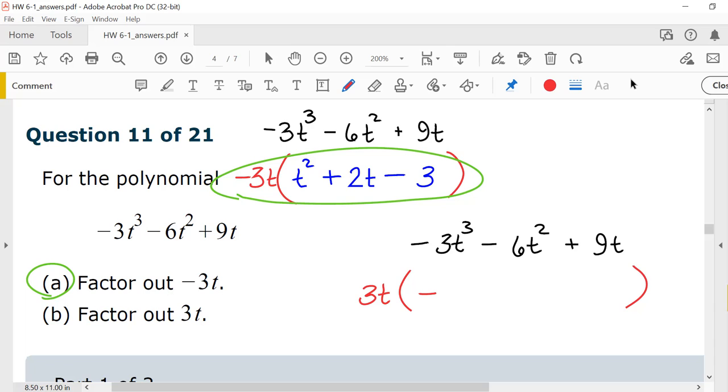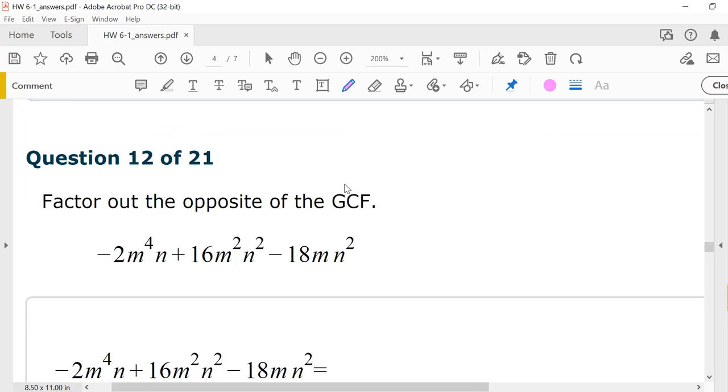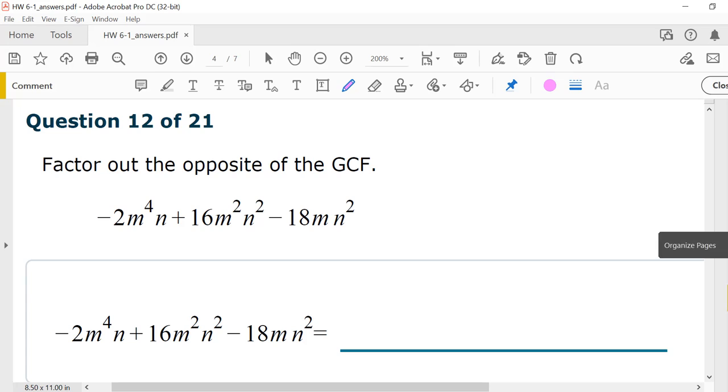So 3t times negative t squared minus 3t times 2t gives me the 6t squared, plus 3t times 3 gives me 9t. So the answer for B is here. That's where I'm going to stop this video.